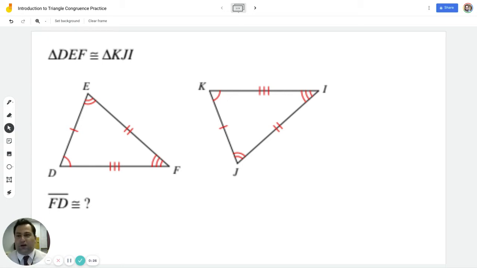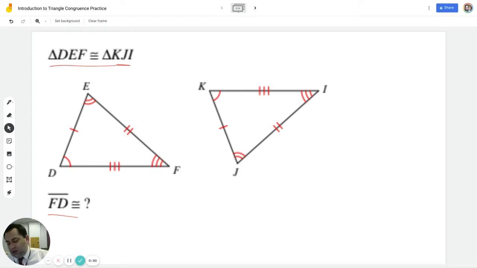So if we look at number one, or the first one on the left side, we have a congruence statement. So we had discussed that in class and how important that is to solving some of these problems. So it says here triangle DEF is congruent to triangle KJI, and they want to know what line segment FD is.